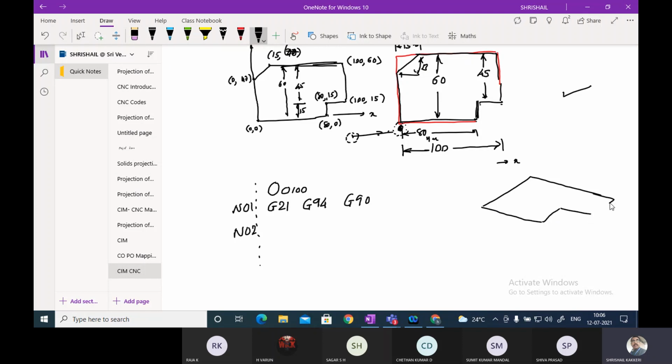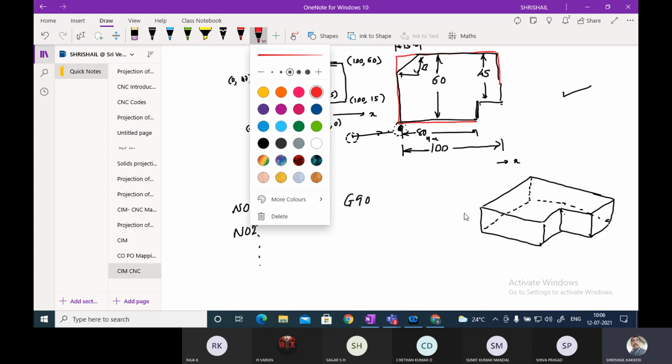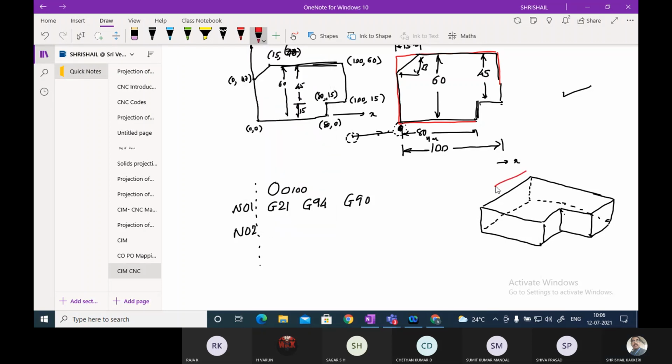So this is the block, correct? This is the block. It has to do the machining. Try to understand. The first problem may take a couple of hours also, no problem. Okay. Now you say this is the billet. I want to do the machining. Now you say this is the billet size.